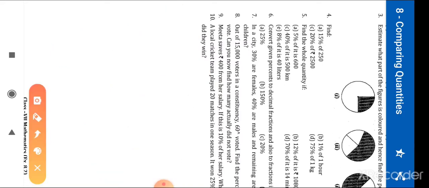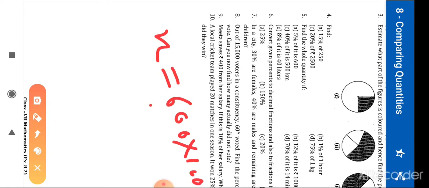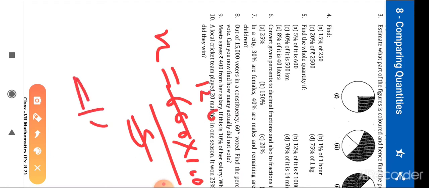So x is equal to 600 multiplied by 100 divided by 5. So our answer is 12,000. It is the whole quantity. In this way you can solve the remaining part of question number 5.